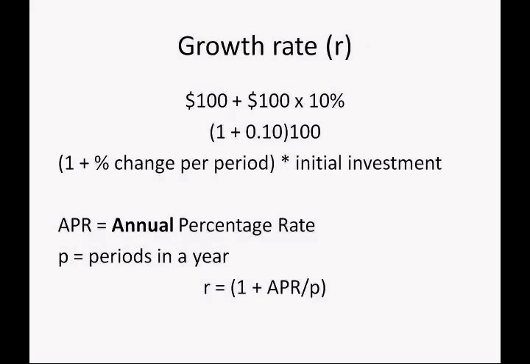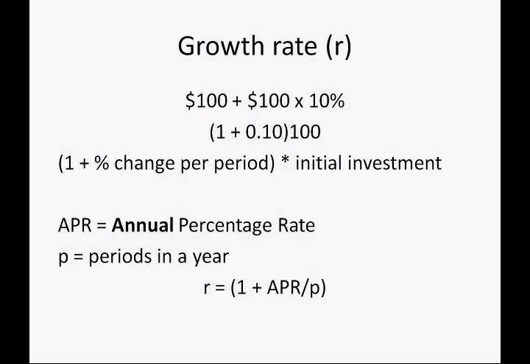So going over the example that we went through in class, where you have $100 and a 10% interest rate, you multiply it by $100, you add it to that $100, and that's what you get. And so we kept running into this issue of the 1 plus a decimal times our initial value. And that's how we always got that growth rate that was greater than 1.